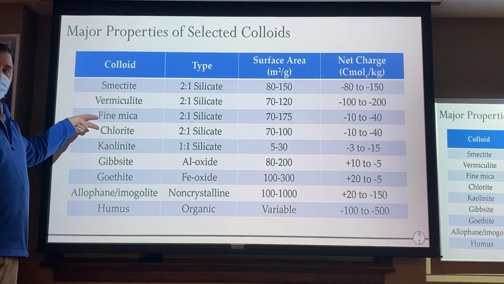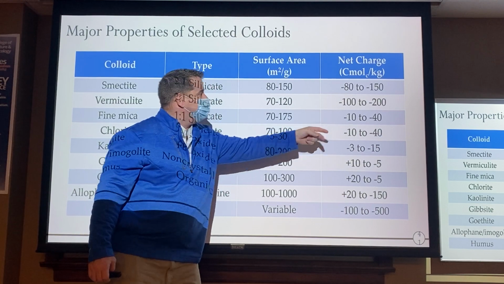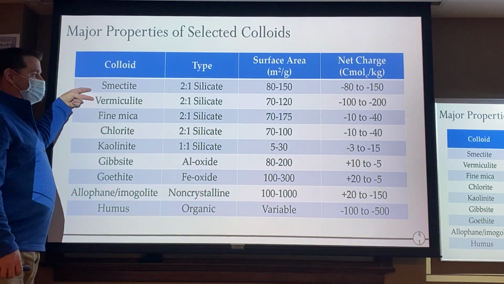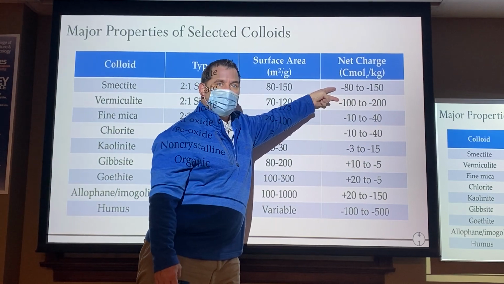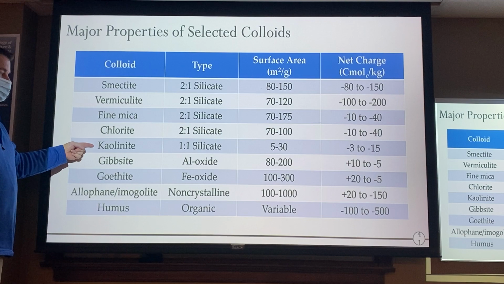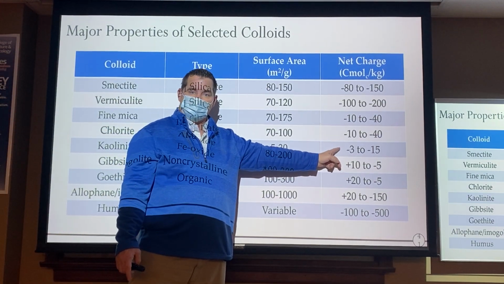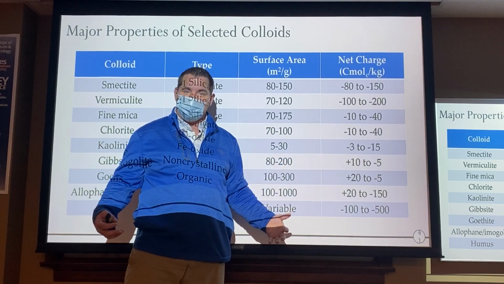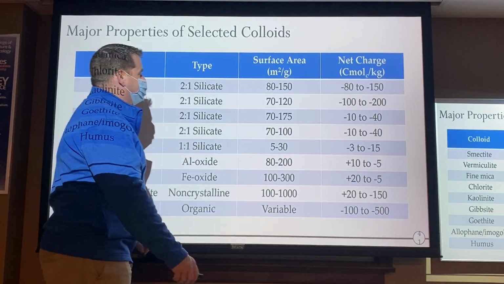Micas and chlorites do not expand, and look at the CEC. Smectites and vermiculites do expand, and look at the CEC. Kaolinite does not expand, low CEC. So non-expanding clays, no CEC, or very little CEC.